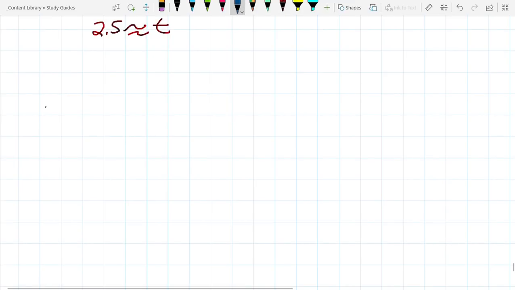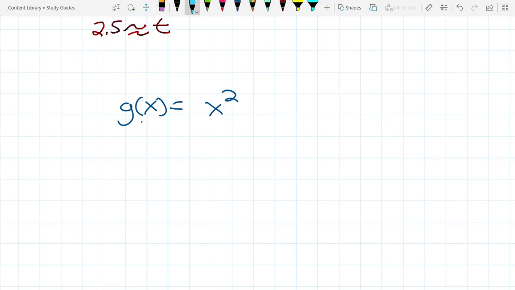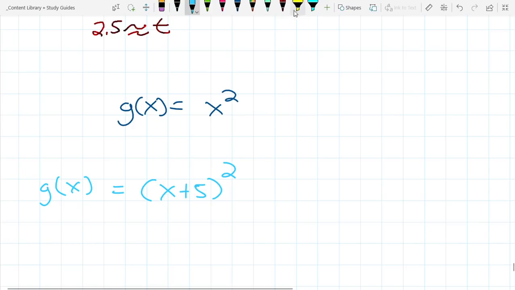And finally, 25, 26, 27. If we start off with g of x equals x squared, we want to know how did things change. And these are the same rules that you can look at the old study guides and notes for function shifts and absolute value shifts. Nothing changes. So if we look at g of x equals x plus 5 squared, since this number is the one with the x, it controls the horizontal shift.